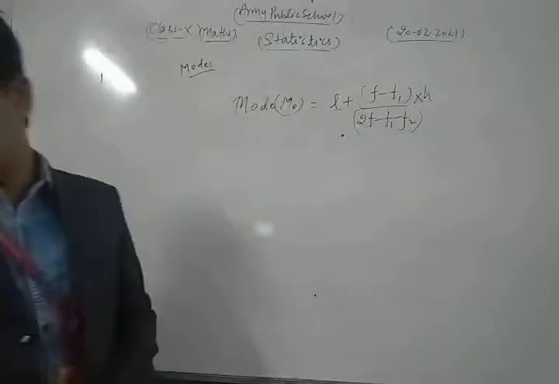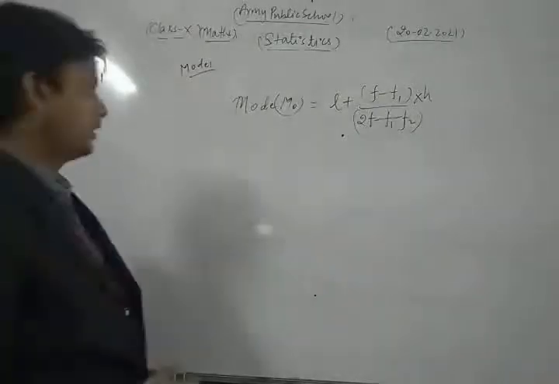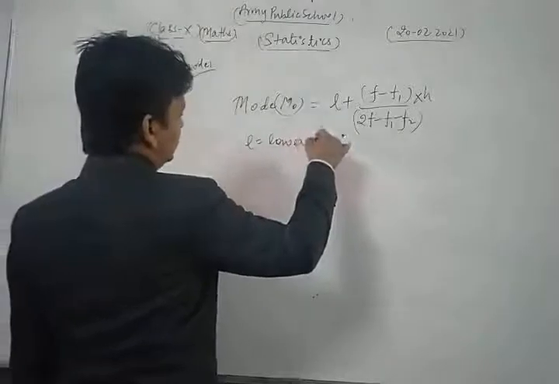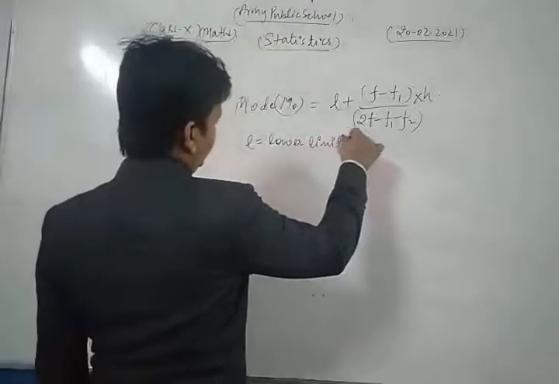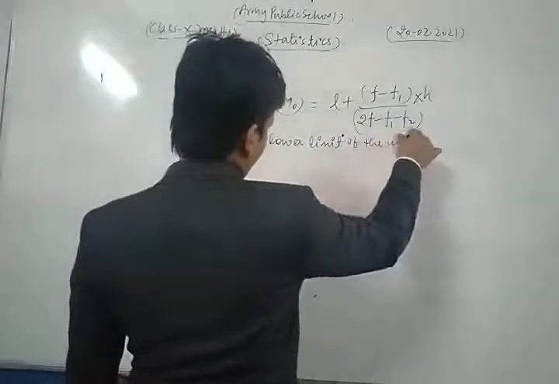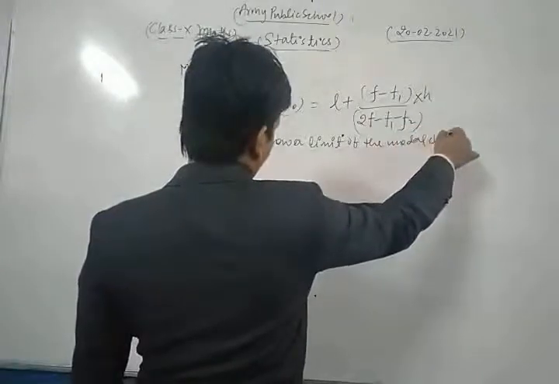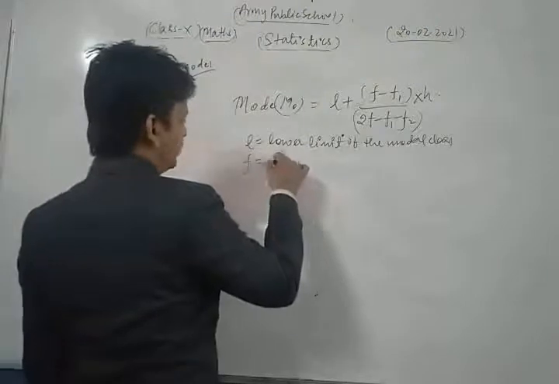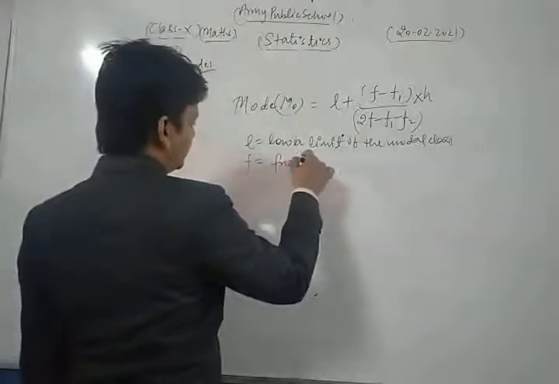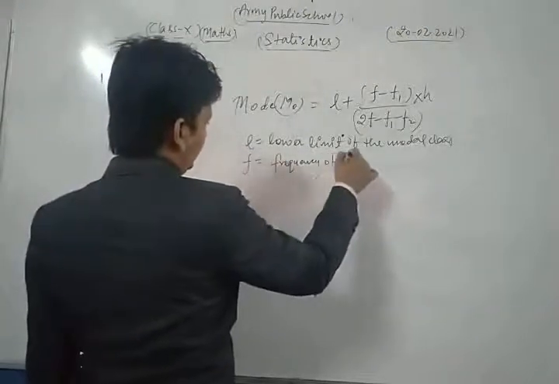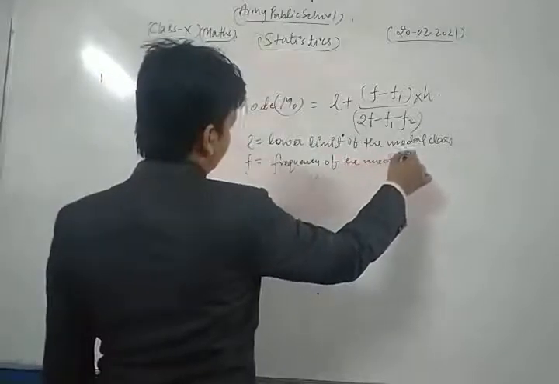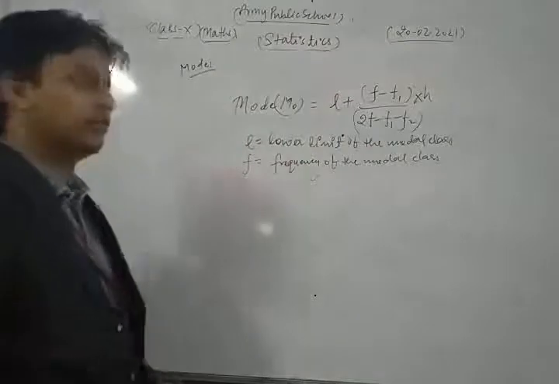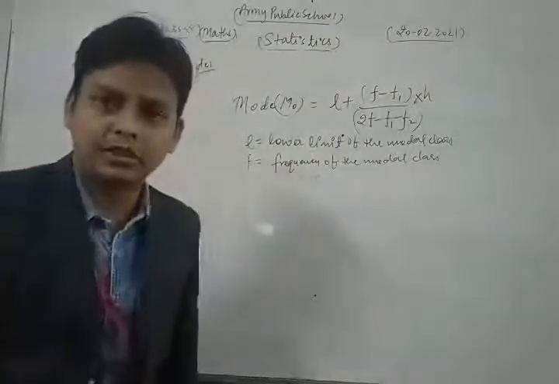This is a very important formula, and in that formula, L is the lower limit of the modal class, and F is the frequency of the modal class.